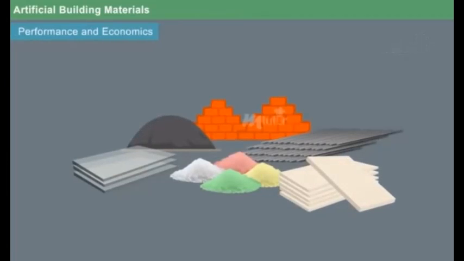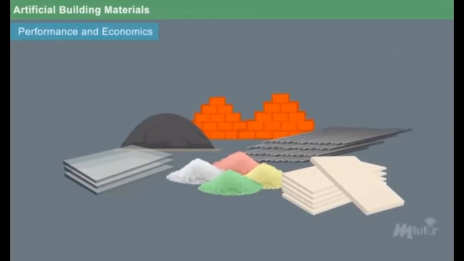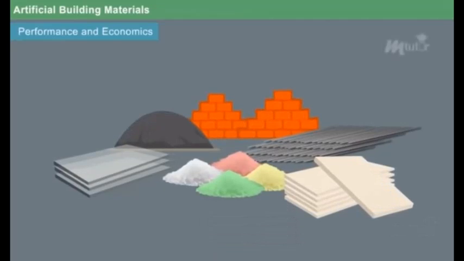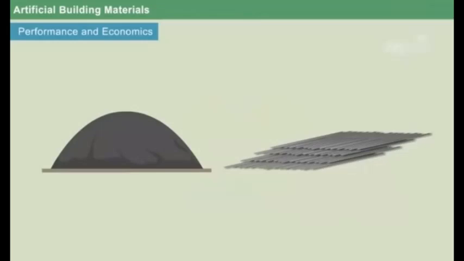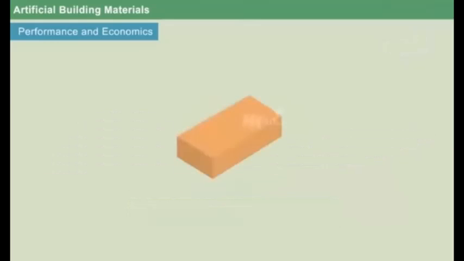Performance and economics of artificial building materials. Most of the artificial building materials have a good sensitivity as they are designed manually. Some materials like cement and metals have good durability with shear strength. Also, they can be molded to any shape as per the needs.